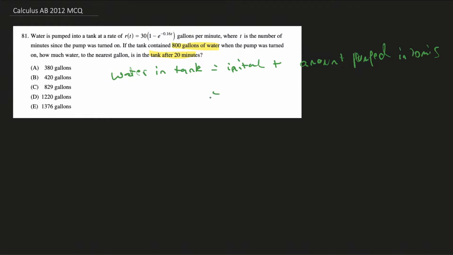We're starting with an initial of 800 gallons, plus the amount that's pumped is the integral. So this is equal to 800 plus the integral of r of t from 0 to 20 of r of t dt. Plugging this into your calculator, you should get 1,220 gallons. That's D.